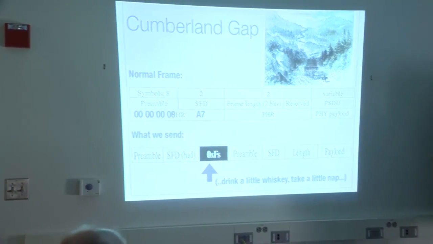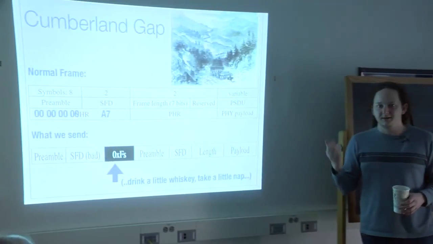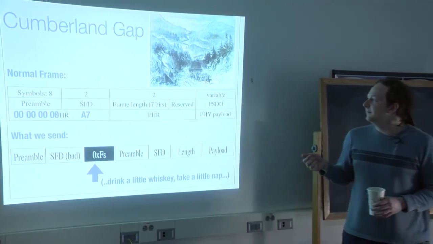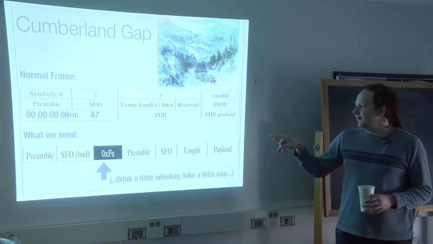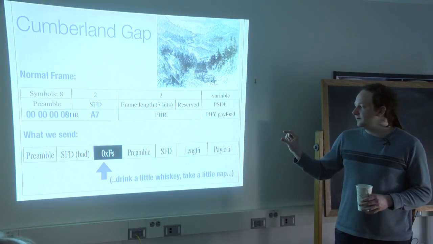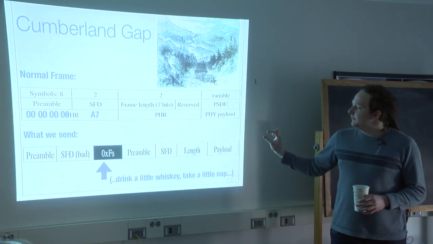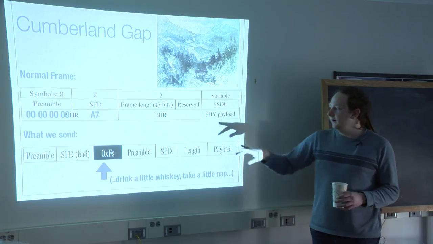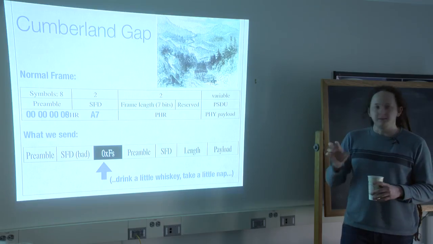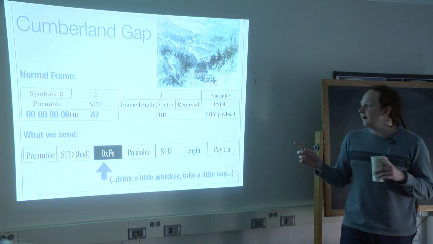So the Cumberland Gap. Yeah, the Cumberland Gap features in a number of folk songs in the region that I come from. The idea here is that we send a series of Fs before the preamble in order to confuse the receiver into becoming misaligned with a longer packet.